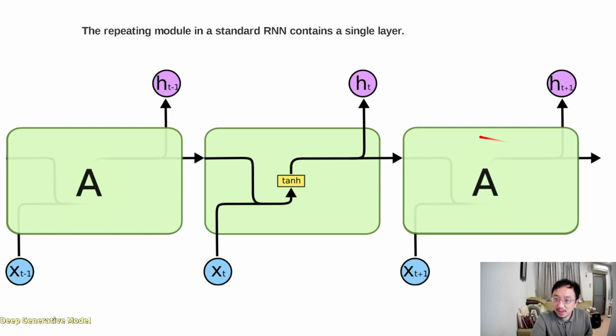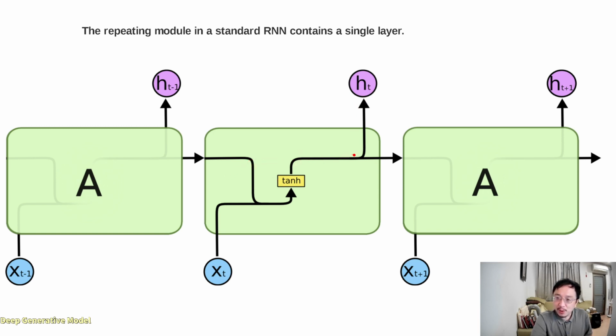networks. You see that when we do the backpropagation, we have some loss function applied to, say, this HT, and we do backpropagation backwards through this arrow path.